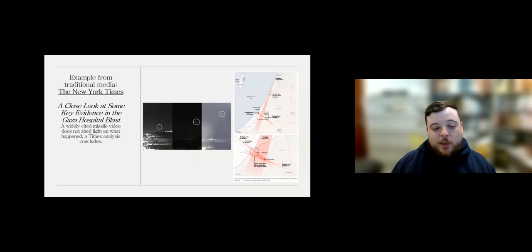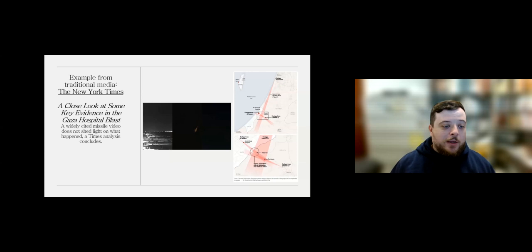There was a story a couple months ago where there was an explosion at a hospital in Gaza, and the New York Times used OSINT to investigate where it occurred, where the launch happened from, where the rocket came from, and where it might have landed. Using social media, they could see all these different videos that people had taken and posted online. They were able to figure out exactly where the rocket went and where it exploded.